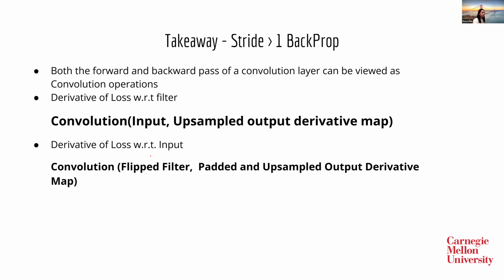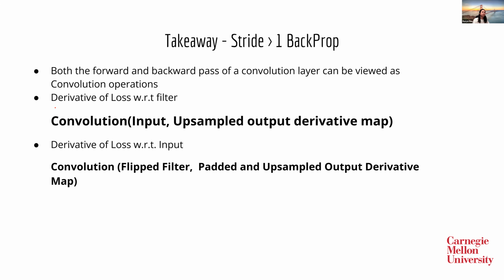And the derivative of the loss with respect to the input is done by running convolution between the horizontally and vertically flipped filter and the upsampled output derivative map.